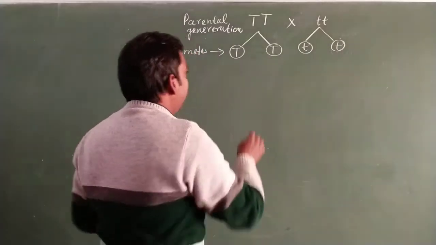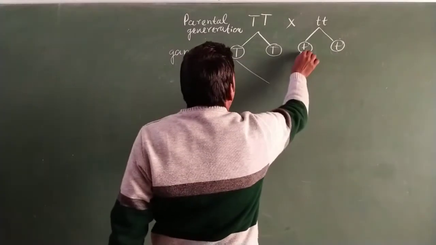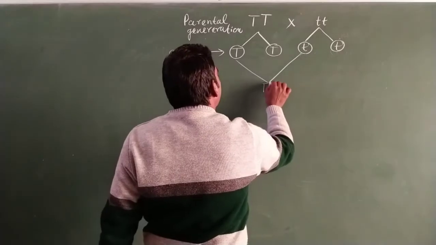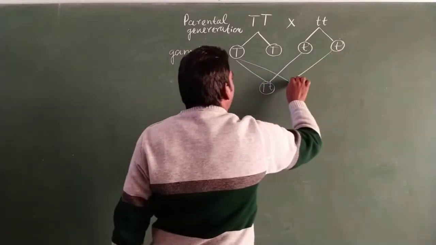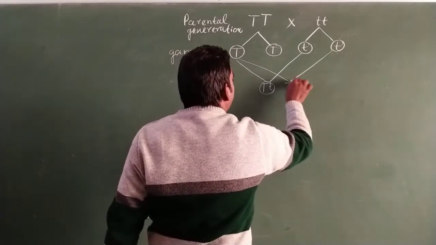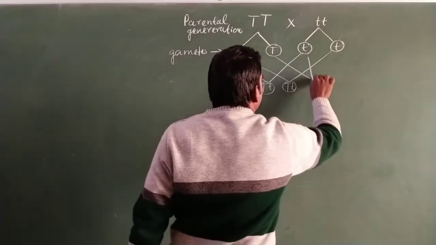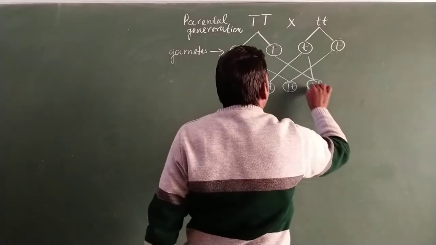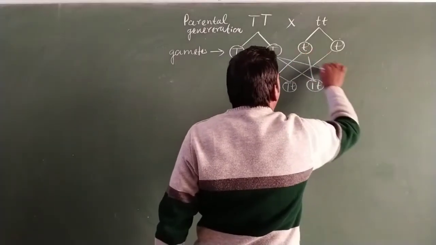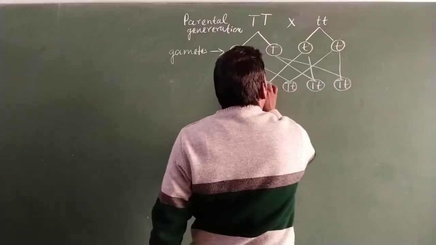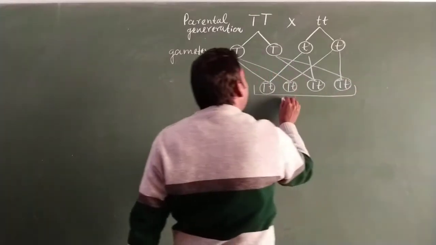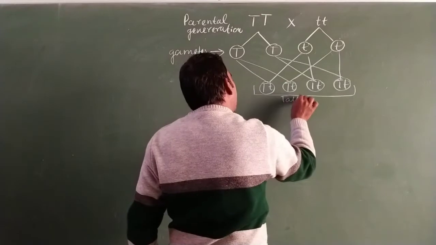So after the fusion of gametes, we find the offspring, and all the offspring are of similar type. It means they find only tall plants, all the plants were tall.